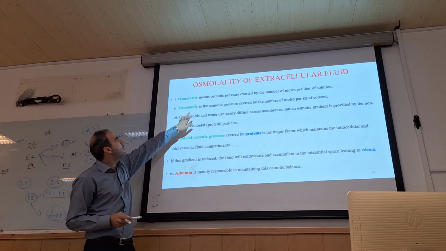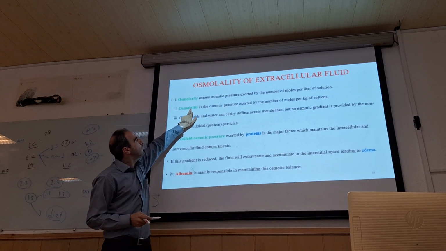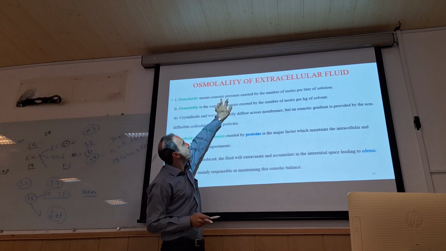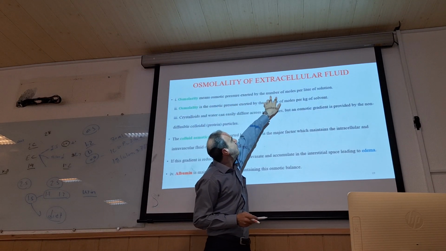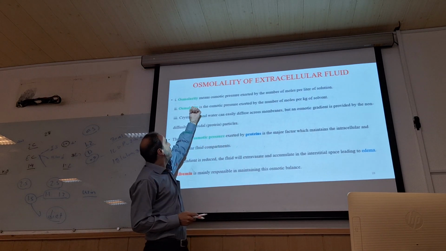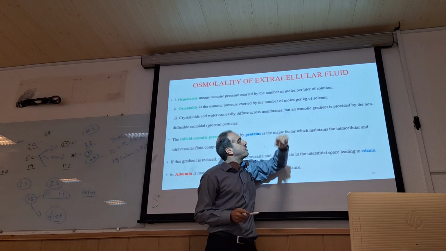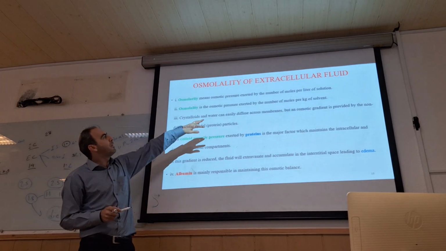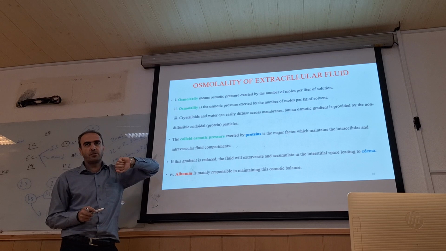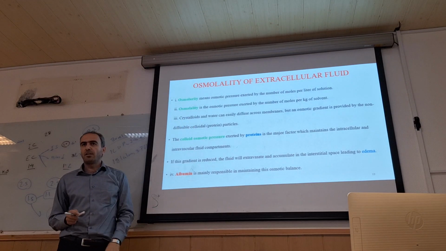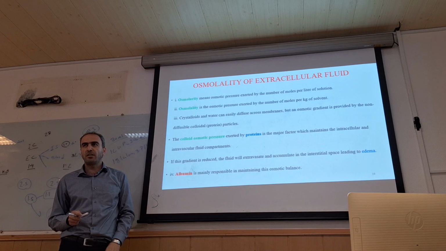But we have two terms, osmolarity and osmolality. Osmolarity means the osmotic pressure exerted by a number of moles per liter of solution, and osmolality is per kilogram of solvent. Usually we use osmolality in plasma, not osmolarity.